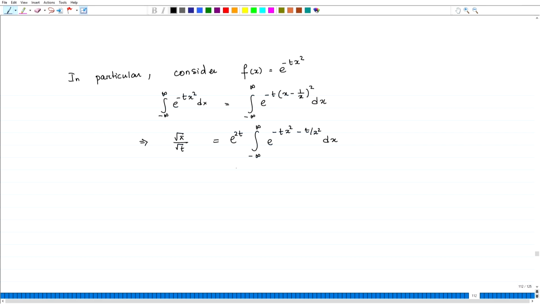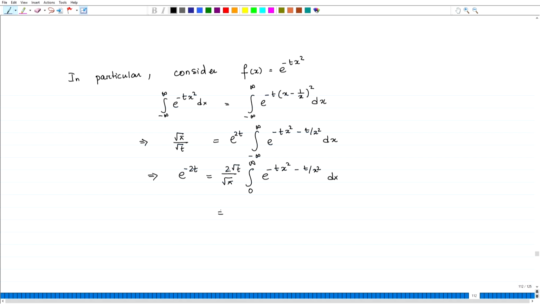So, making a change of variable, what we get, and bringing it to the other side, e to the power minus 2t is equal to square root of t by square root of pi, and then look at this, this is an even function. So, therefore, I can make it 2 times the integral from 0 to infinity of e to the power minus (t x square minus t by x square) dx.